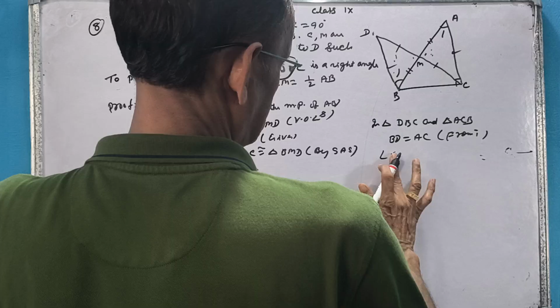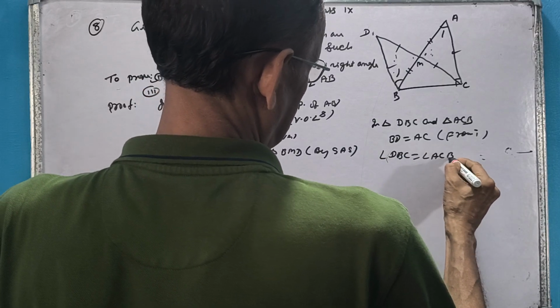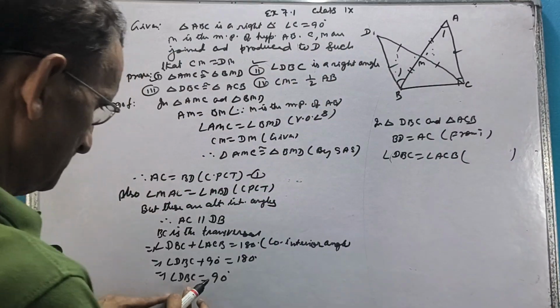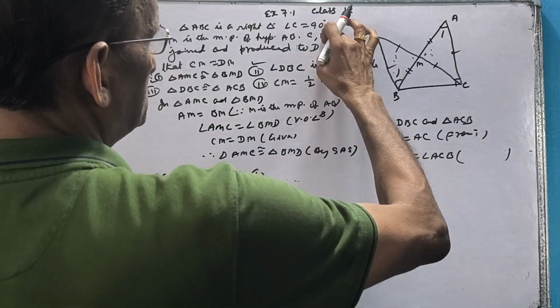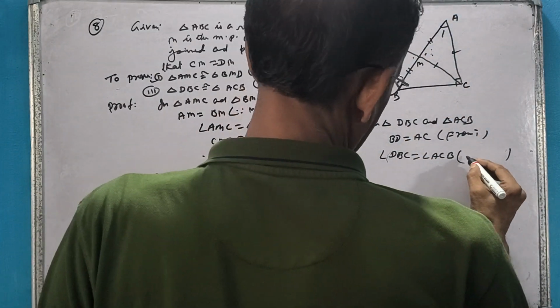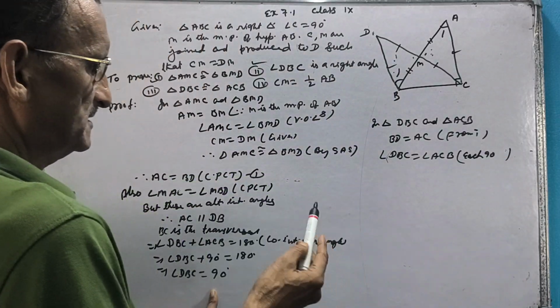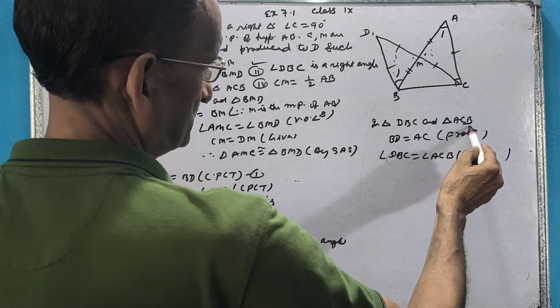So we have got here, okay, angle DBC equal to angle ACB. See the reason. We have already proved angle DBC equal to 90 degrees, and it is given angle ACB is 90 degrees. So we can write each 90 degrees. When you are saying triangle DBC, BC is here. When you are saying triangle ACB, BC is here.